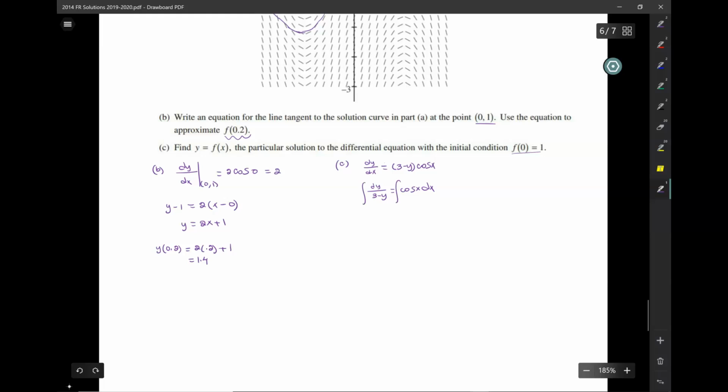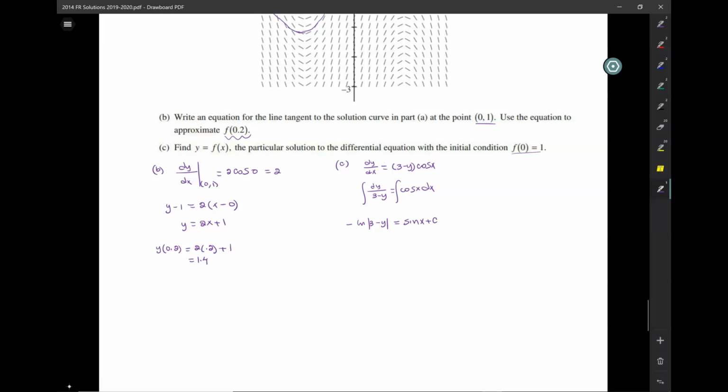Integrating. Okay, so here I have 1 over 3 minus y. So that's going to be ln of 3 minus y, except it's u substitution, and the derivative of negative y is negative 1. So I'm just going to have a negative out here, is equal to sine of x plus c.